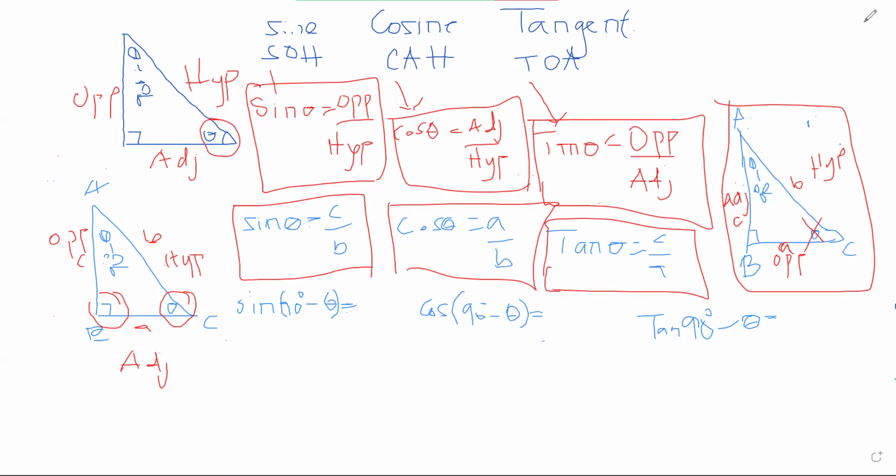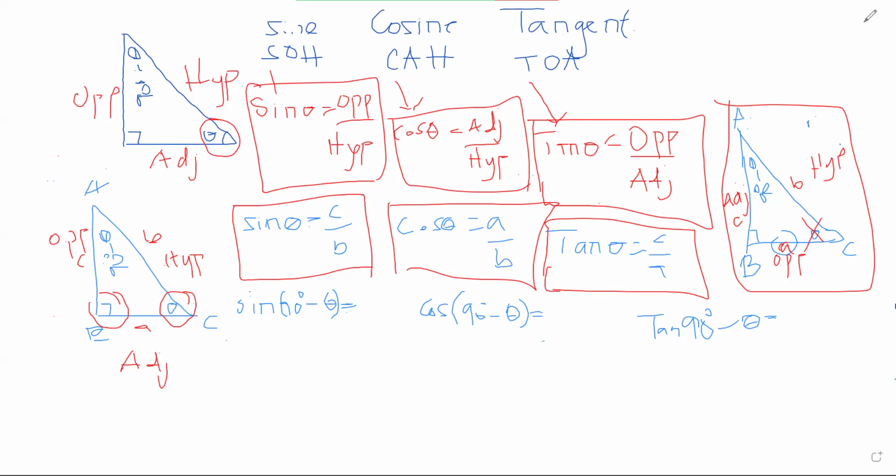Sine 90-degree minus theta is going to be opposite over hypotenuse. Don't forget, our adjacent side has changed because we are dealing with 90-degree minus theta. So let's figure out where is our opposite. Our opposite is a here.